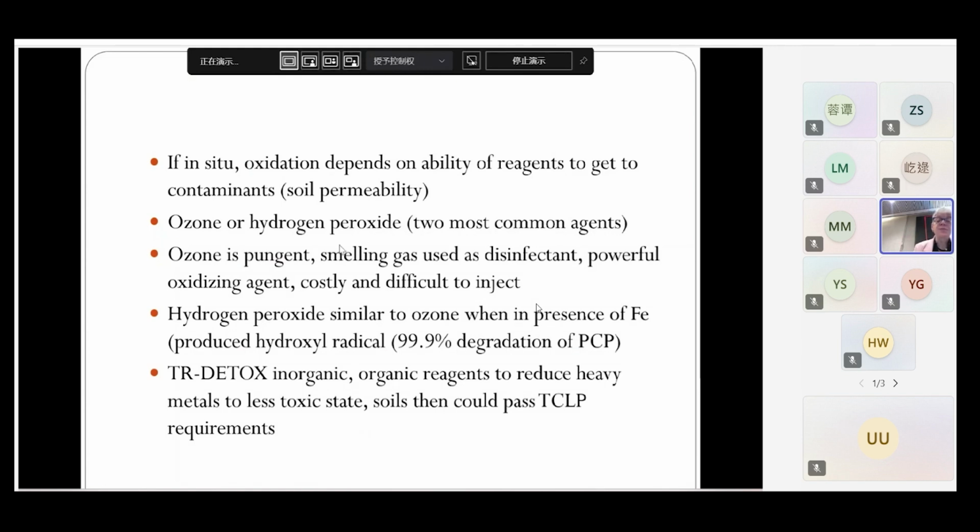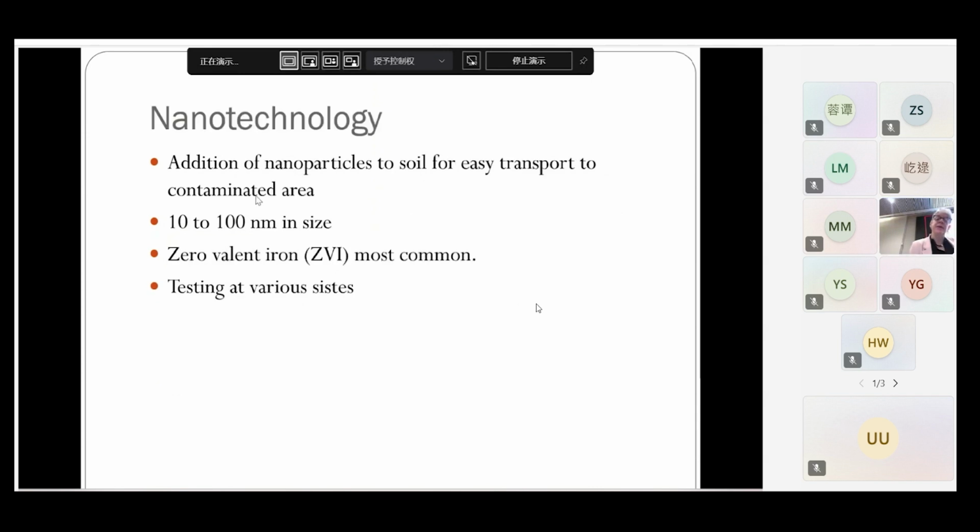So yeah, with ozone you have to make some control of this. Hydrogen peroxide could be used, and there are other types of agents also that could be used. So basically you're breaking apart the organic contaminants by adding these chemicals.